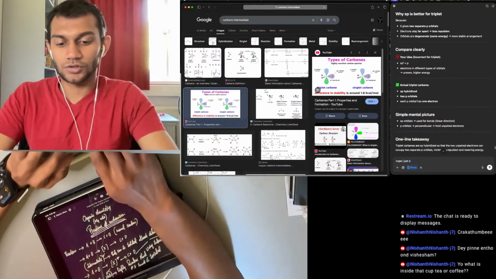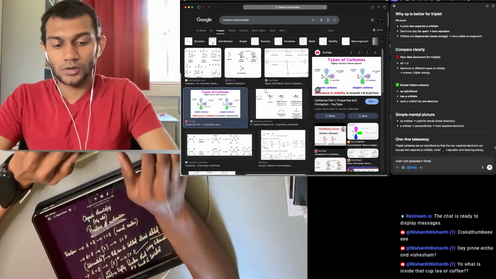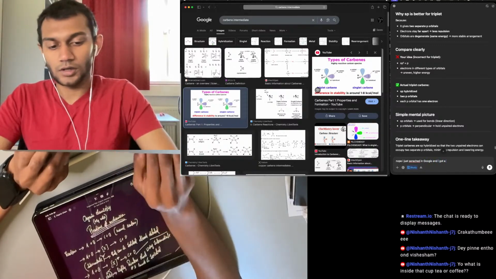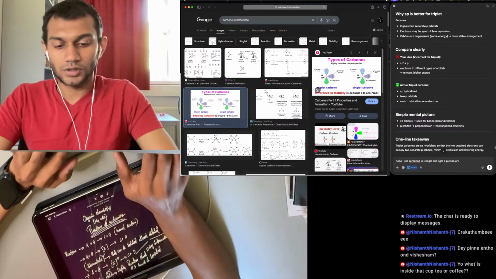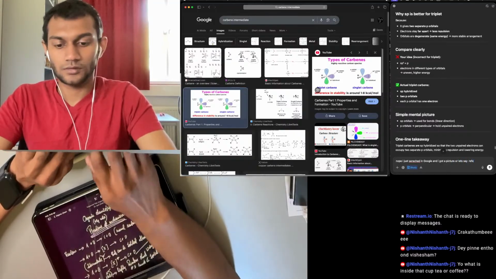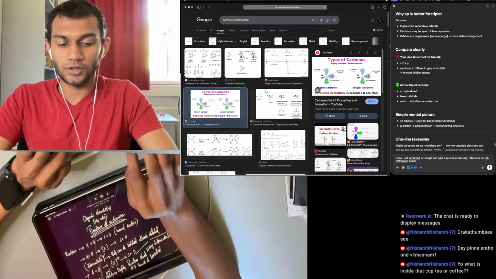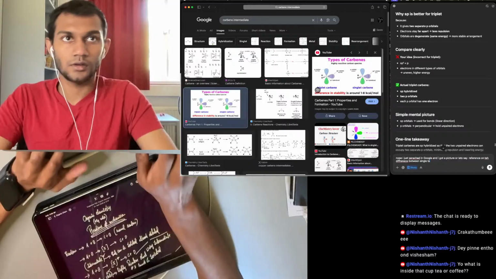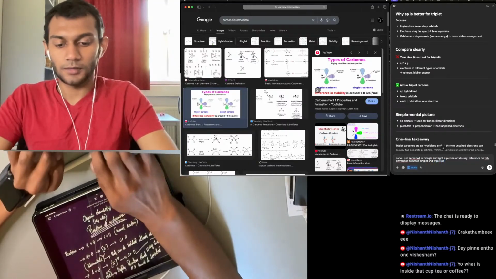I just searched in Google and I got a picture, or let's say reference, on the difference between singlet and triplet carbene.